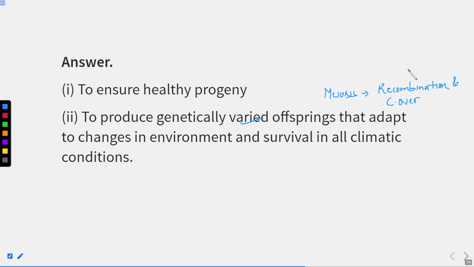So these are the reasons for the variations. And in sexual reproduction, two parents are involved, so the offspring consist of the genes of both parents. So sexual reproduction produces genetically varied offspring that adapt to changes in the environment and survive in all climatic conditions.